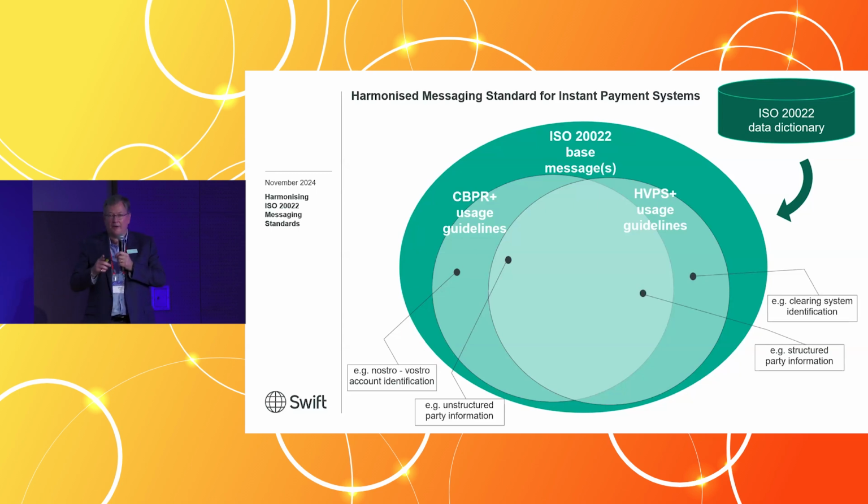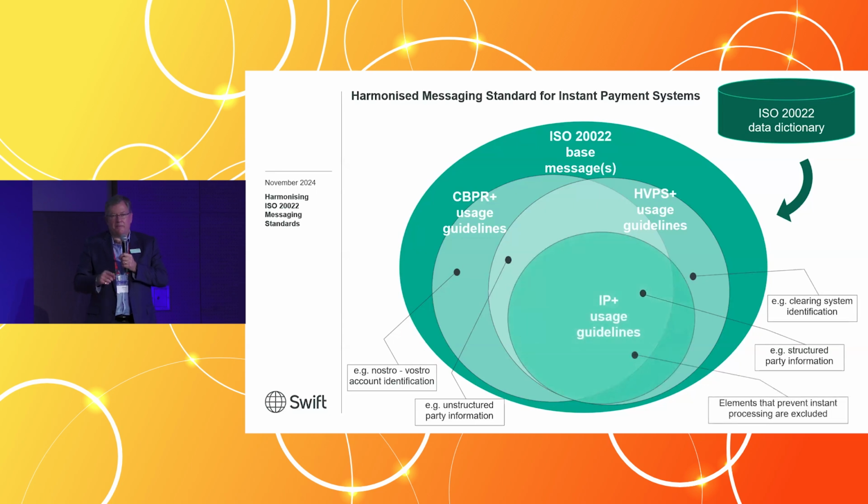What we're working on now is IP+. IP+ is going to be a cut-down version, if you like, of HVPS+, with all of the elements removed that could make it not STP, right? So we want to get to the smallest possible subset of elements in that message that will allow seamless domestic and cross-border transactions, because it will be fully aligned with CBPR+.